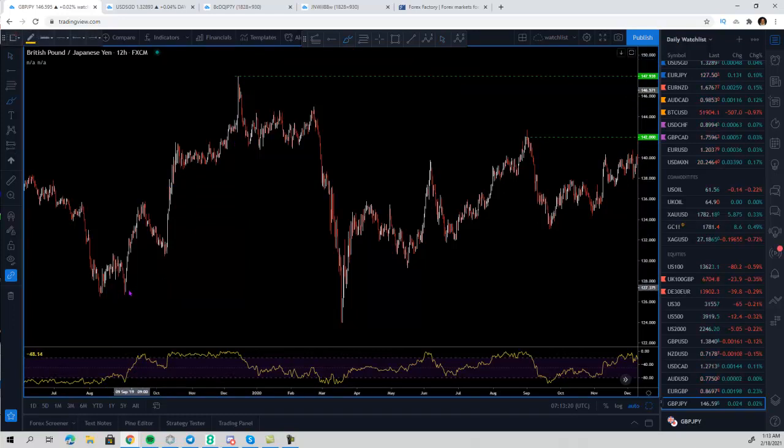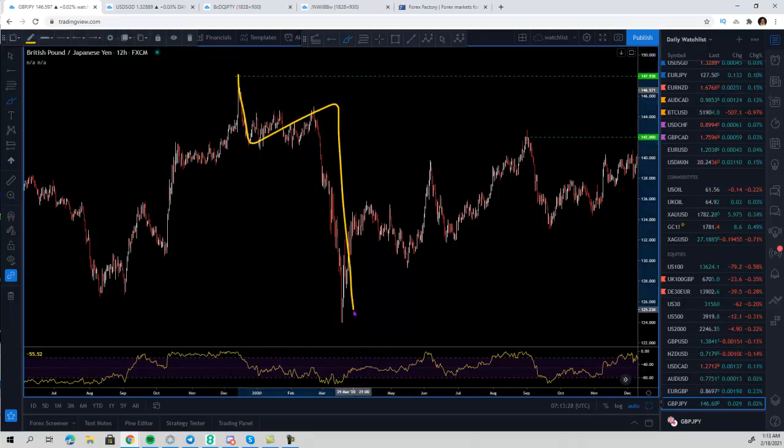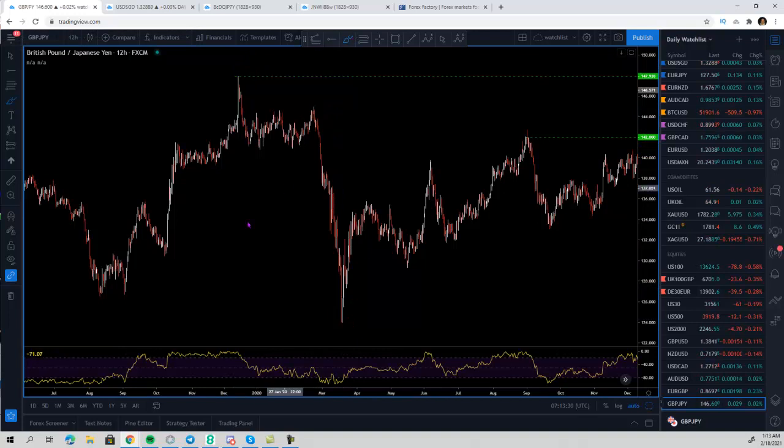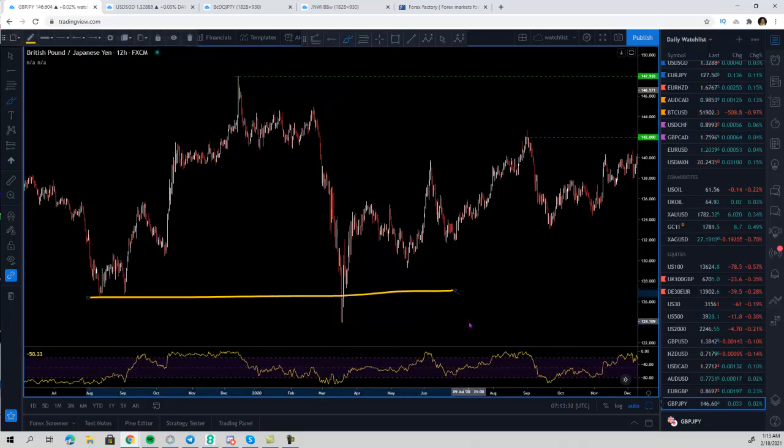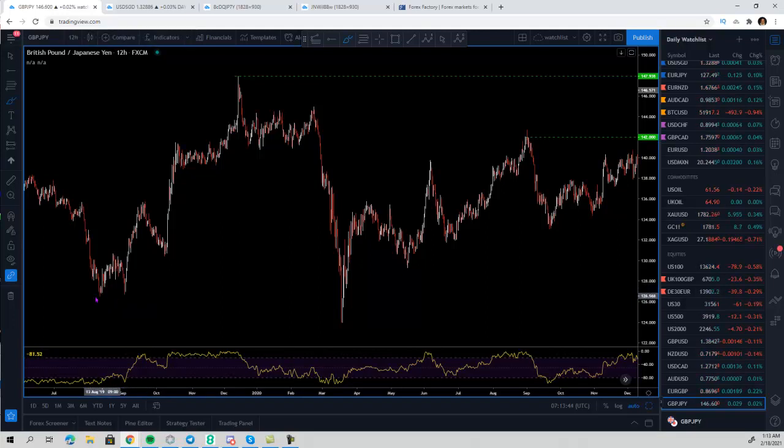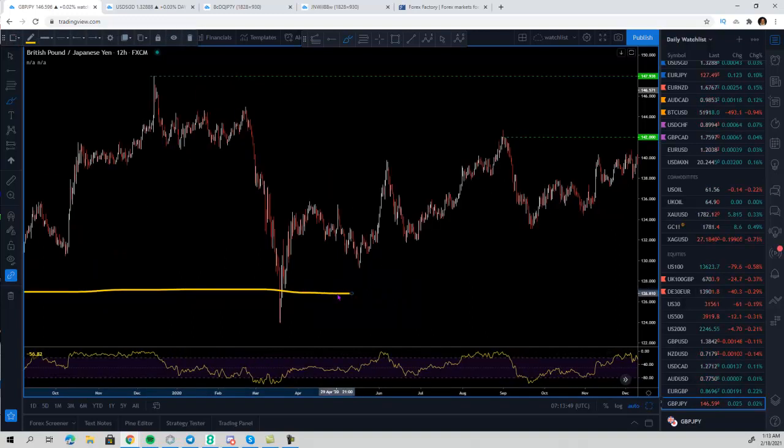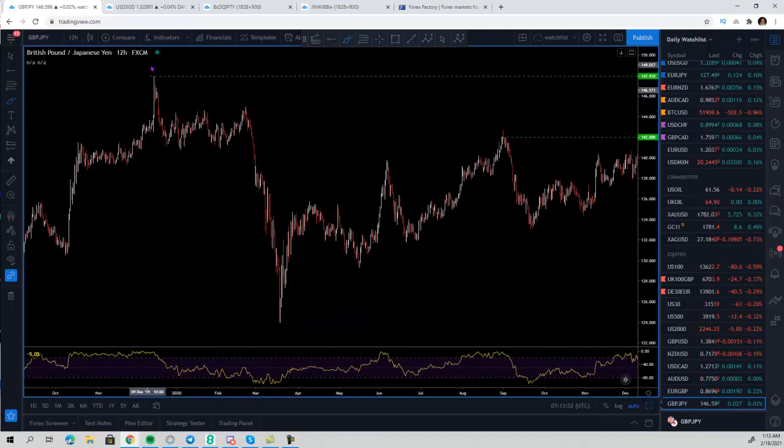Bulls were in deep control of this market, and here is where sellers took control, bringing price even lower than the lows that we saw from August 9th through September 3rd, 2019. This was an extremely obvious bear trap. But the reason I'm showing you this is because this is where bulls lost control.